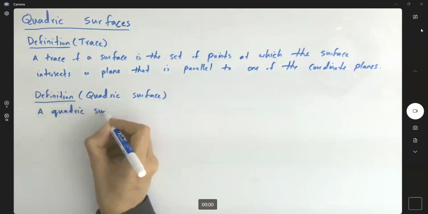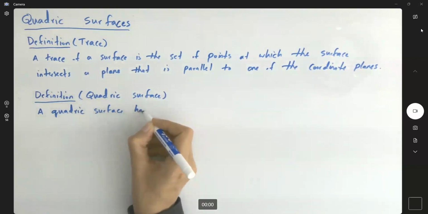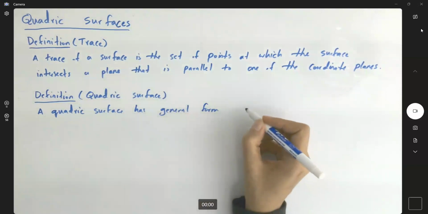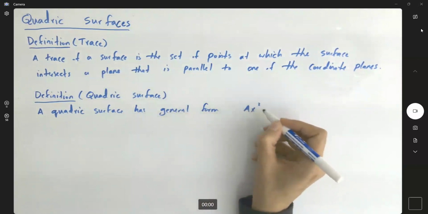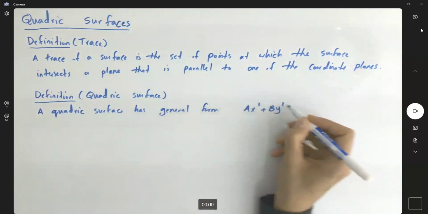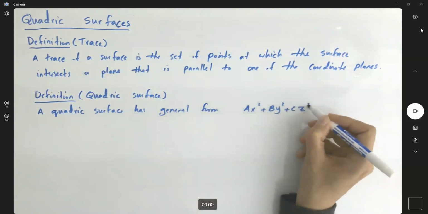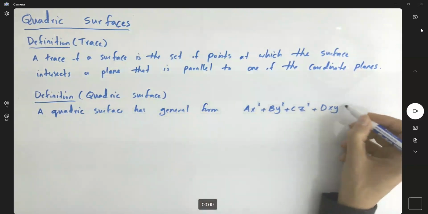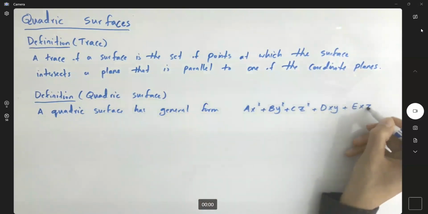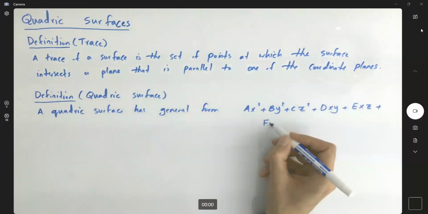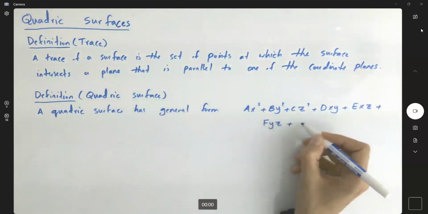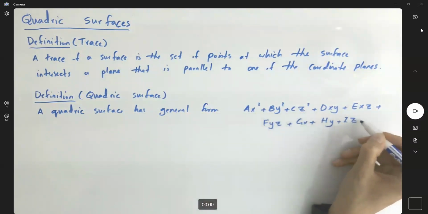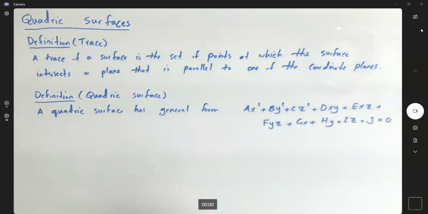A quadric surface has general form as ax squared plus by squared plus cz squared plus dxy plus exz plus fyz plus gx plus hy plus iz plus j equal to 0.